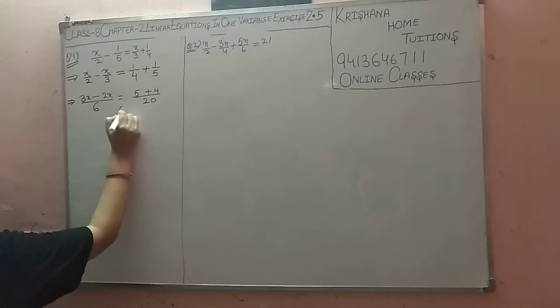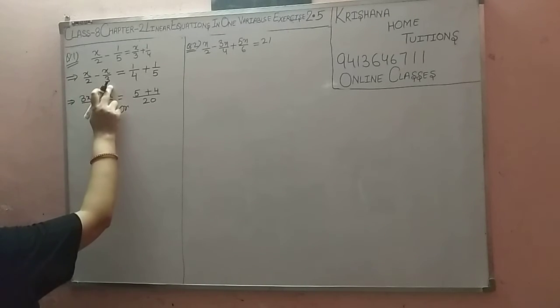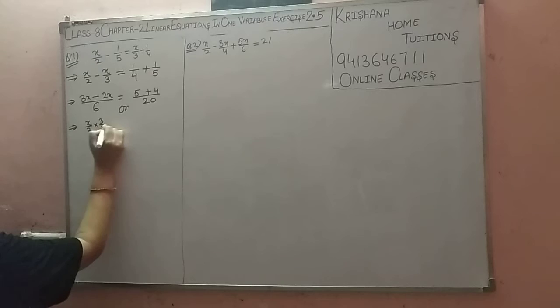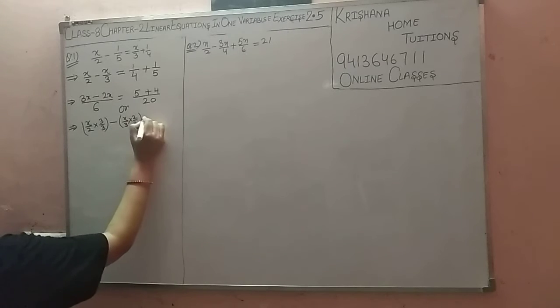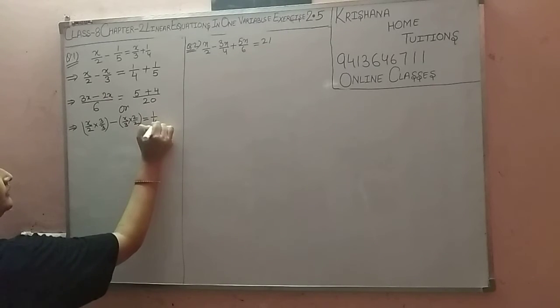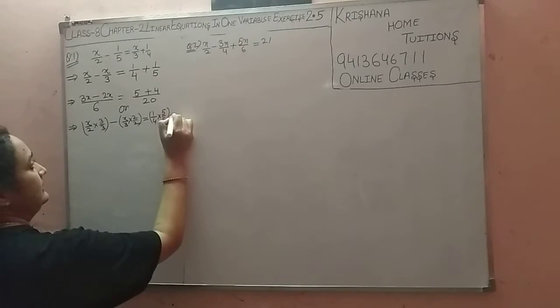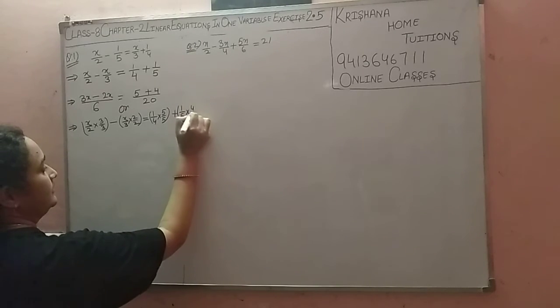Or you can do it like this also. Equalize the denominators. To equalize the denominators, x upon 2 will be multiplied with 3, minus x upon 3 will be multiplied with 2, or 1 upon 4 will be multiplied with 5 and 1 upon 5 will be multiplied with 4.